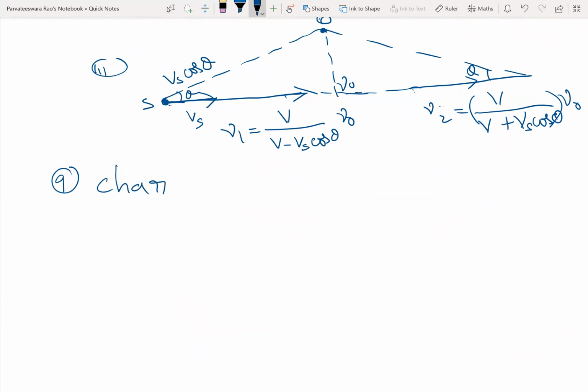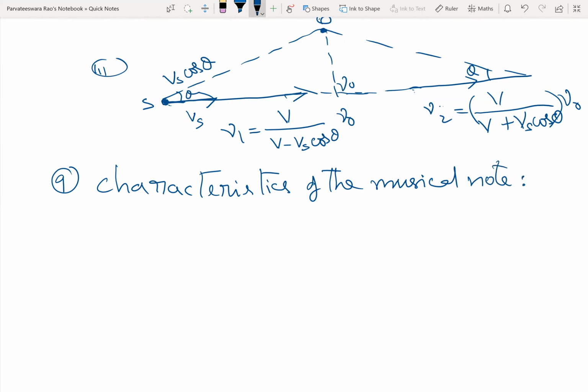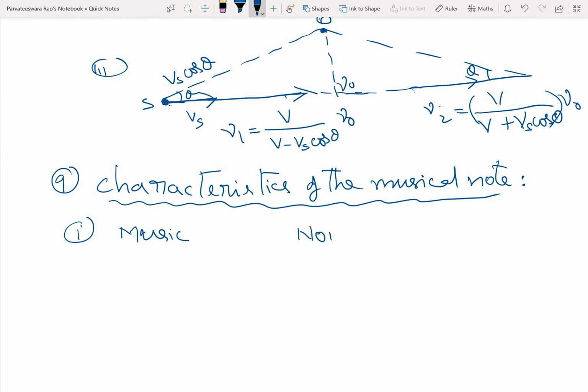Characteristics of musical note. So first of all, every sound can be categorized as music or noise.